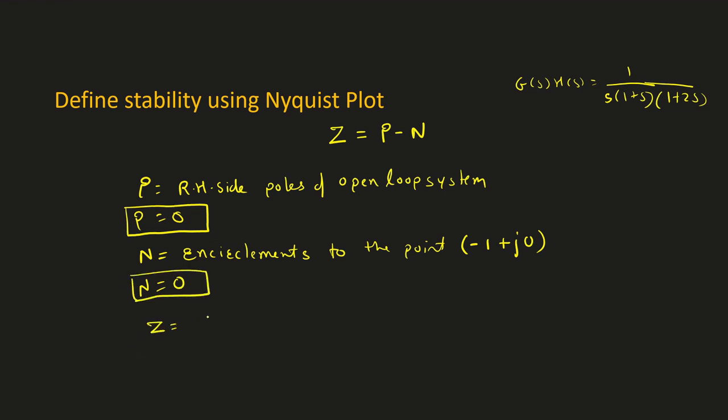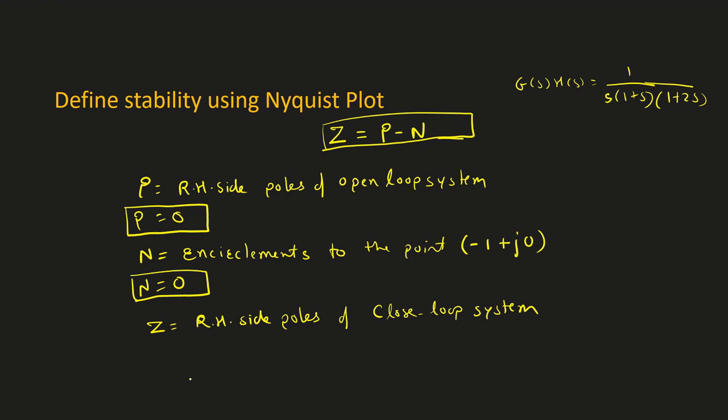And what is Z? Z is the number of right hand side poles of the closed loop system. That can be calculated using this equation. Z is equal to P minus N, that is 0 minus 0 equal to 0. So the value of Z is equal to 0. So there are 0 right hand side poles of the closed loop system.